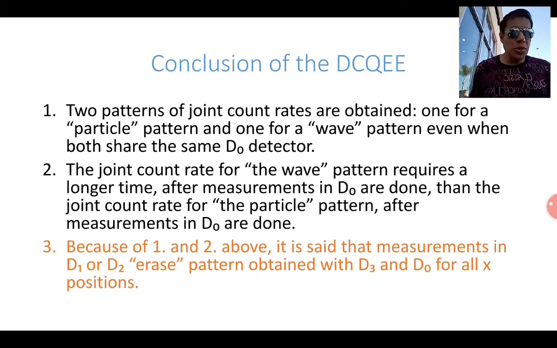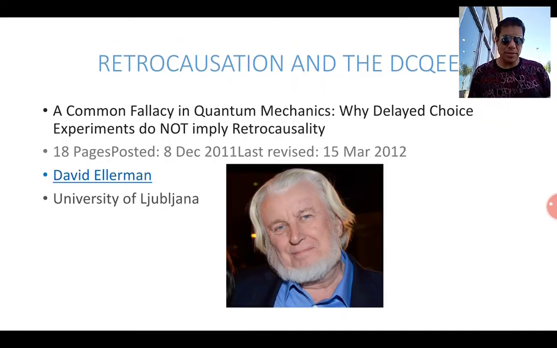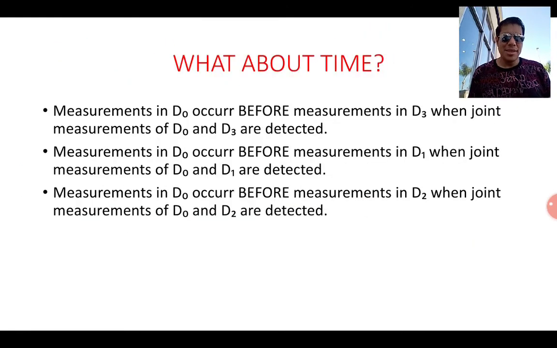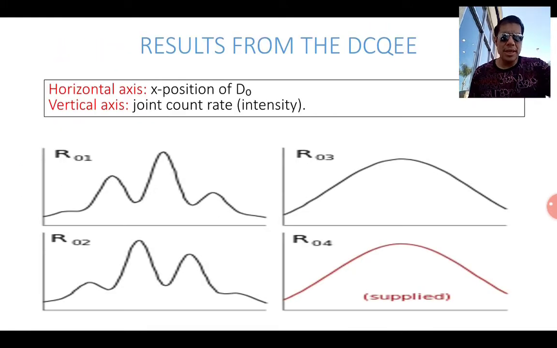So it almost looks like, let me go back here, it almost looks like this pattern erased this pattern right here, right? It kind of makes you think that this one happened, but then later this one happened, right? That's just perception, okay? I'll explain, that's just metaphorical, I think.